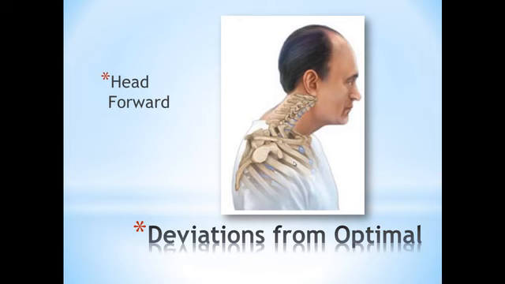Now, typically we see the nice lordotic curve through the cervical spine. But in individuals that have a forward head posture, the cervical spine loses its lordotic curve. The head is positioned in a much more anterior location, so the location of gravity shifts significantly forward and increases the external flexion moment arm on the cervical spine.